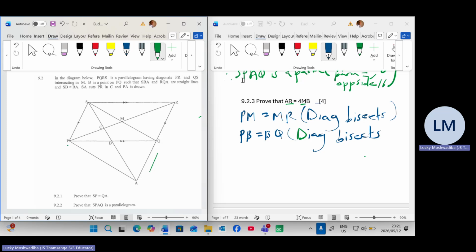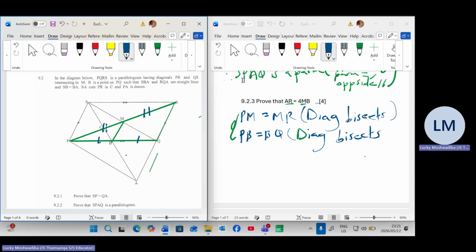Which triangle is this? Triangle PQR. This is the triangle that I was focusing on. And then I had constructed MP because I want to find MP. Now, let's put this information on our diagram. When we put the information on our diagram, we have that PM is equal to MR, and that PB is equal to BQ.